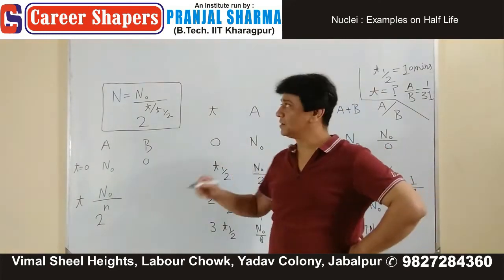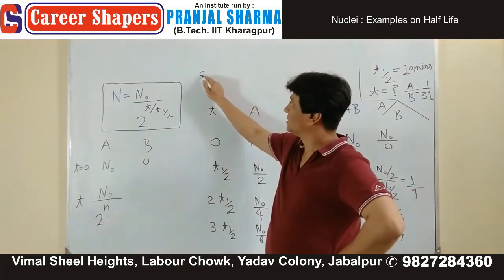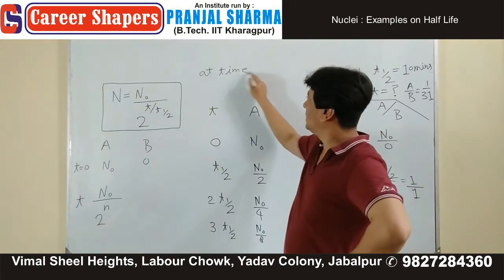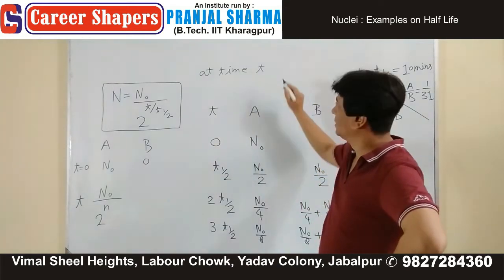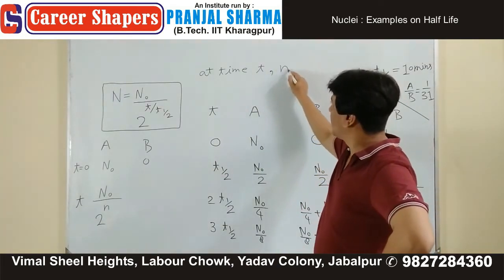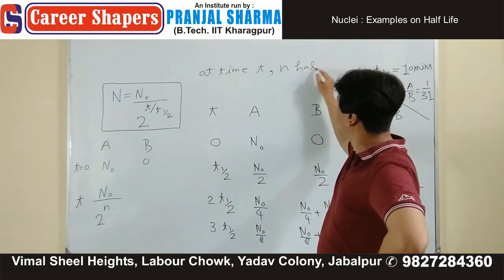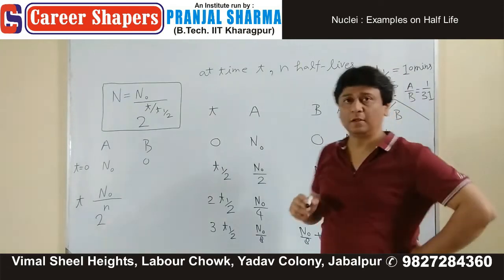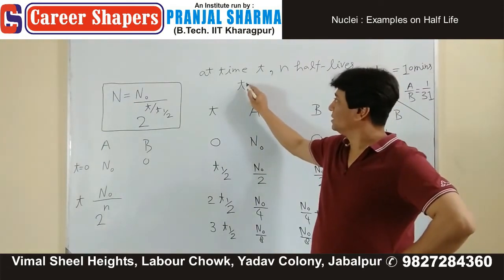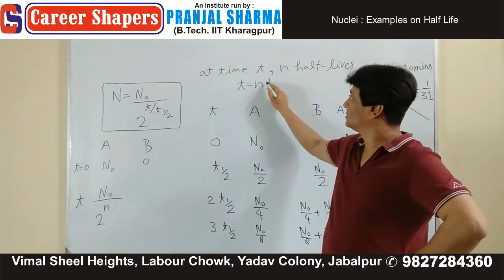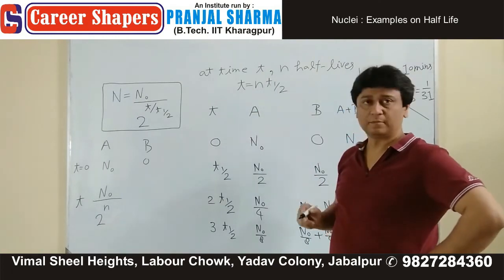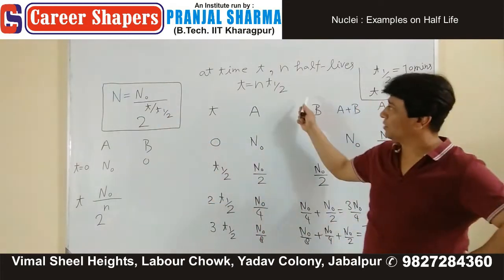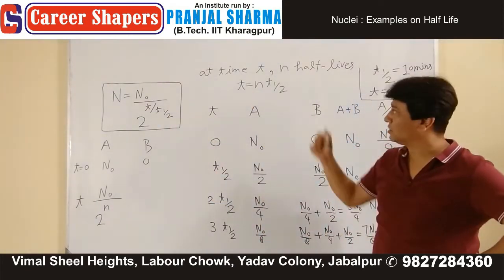So if I say that at time t, there are n half-lives over, then this t means n times t half. You can continue with t upon t half also, doesn't matter. But it will be easier to represent the whole thing in this form.